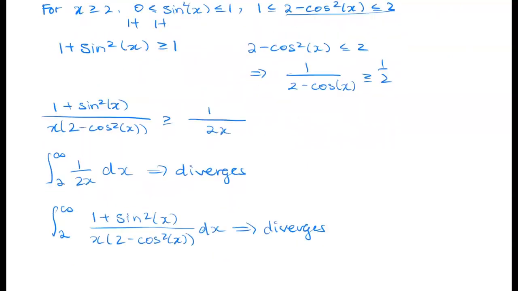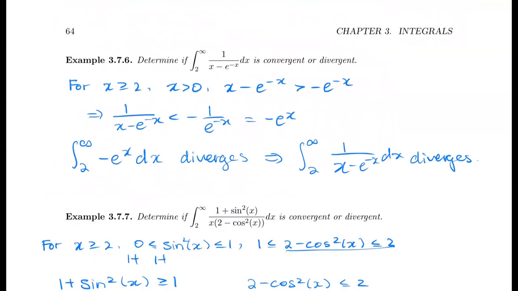And actually, one mistake I made in the last example, this should actually be larger still, I think. Let me double check this. Yeah, so this should have been larger here. So that was a mistake here, but the integral still diverges.